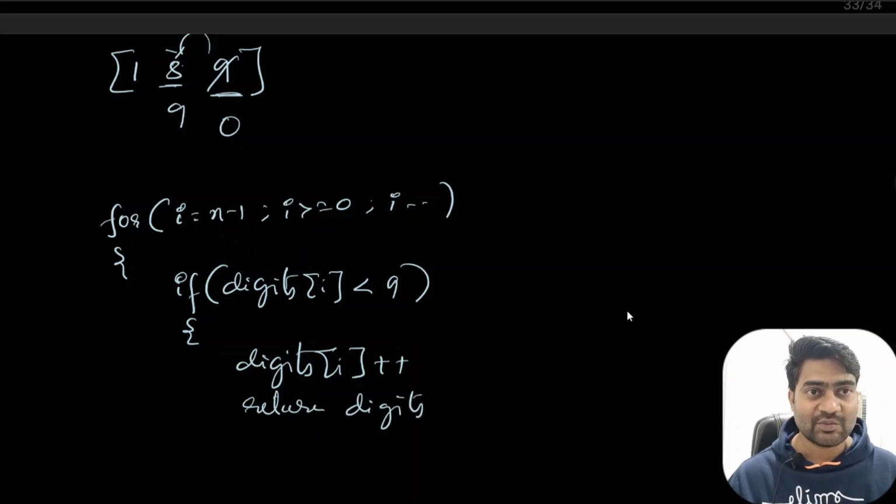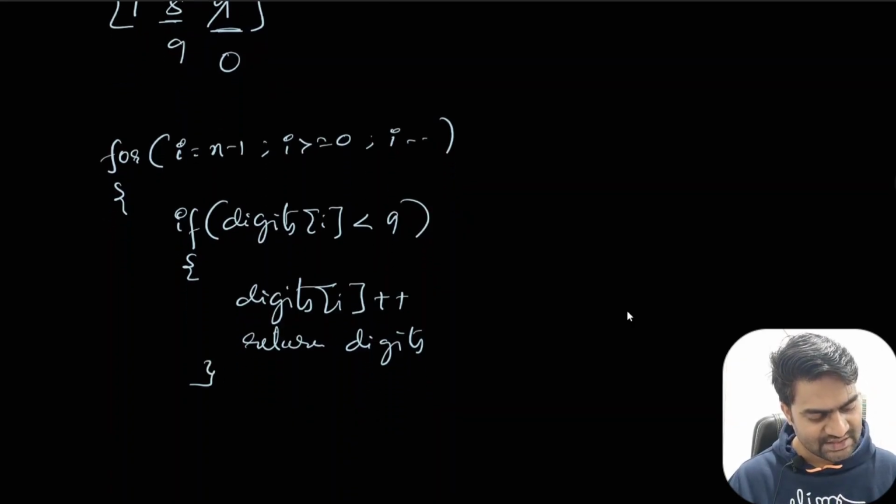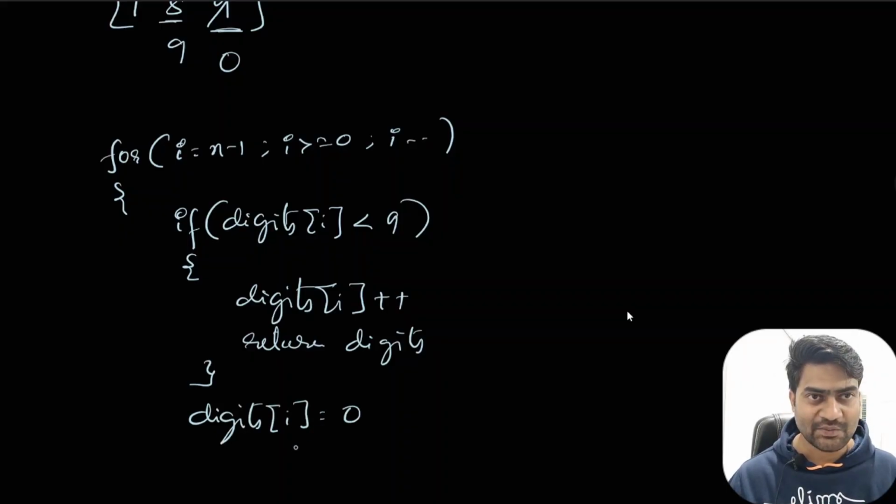Why? Because all the numbers are not 9 in this case. If that is not the case, simply say digits of i equal to 0.